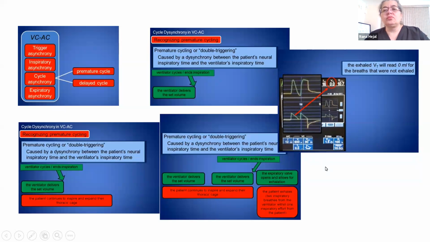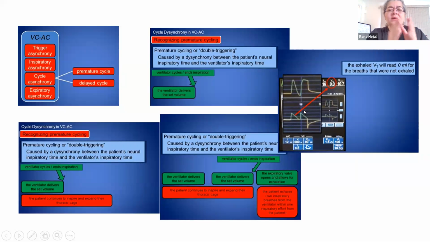And if you were to look at the amount of volume that reached this patient's chest with the first inspiratory effort, it records 0 because he hasn't really done anything. And with the second breath, it records double.